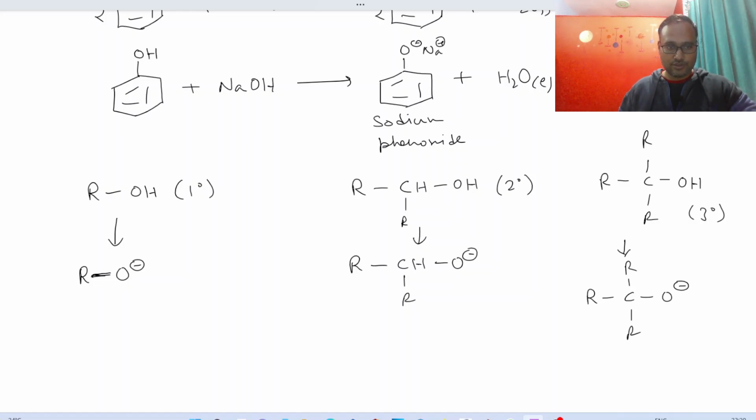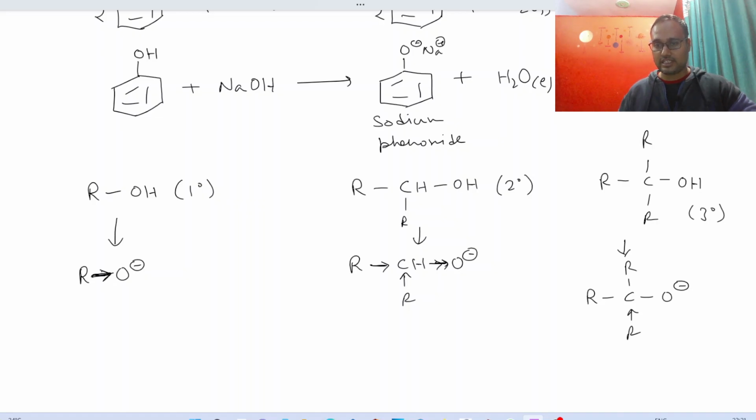So it's going to donate its excess electron density to this oxygen, making it less stable. Over here we are having two alkyl groups donating their electron density to the carbon, which is further donating its electron density to the oxygen atom, making it more unstable.